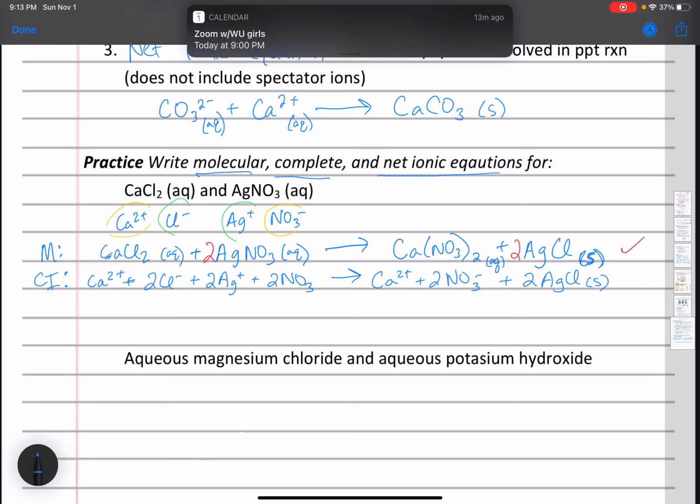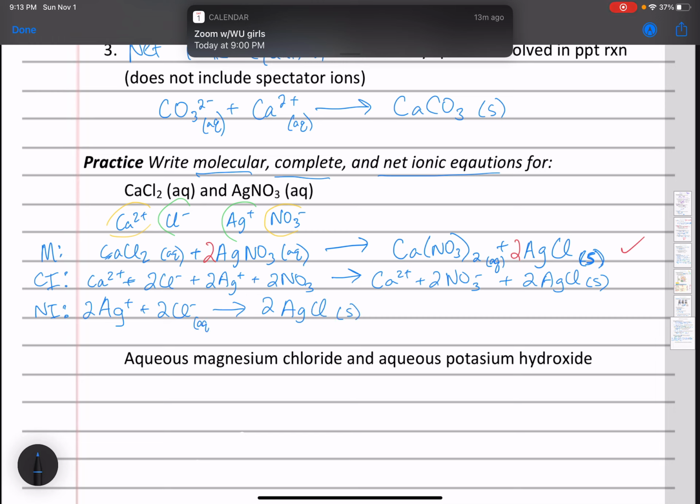All right. And then we can do the net ionic equation, where we just write the ions that are involved in this reaction, where we cancel out those spectator ions. And if we do that, then we get 2 silver ions plus 2 chloride ions react to form 2 silver chloride.